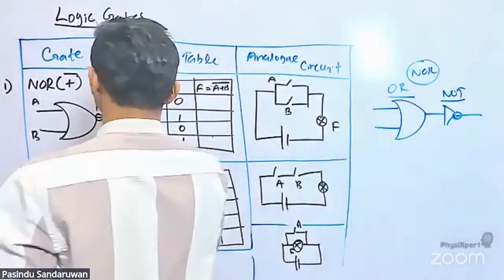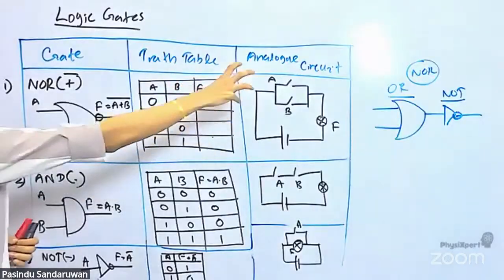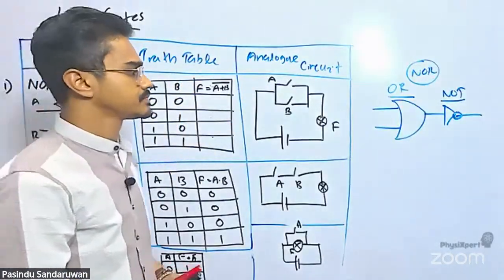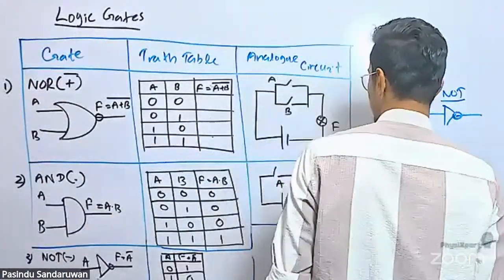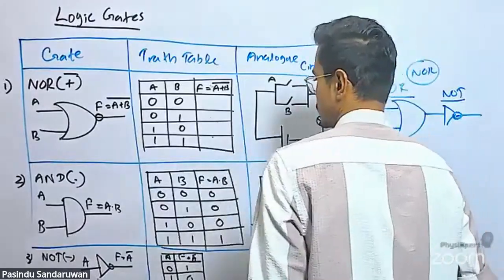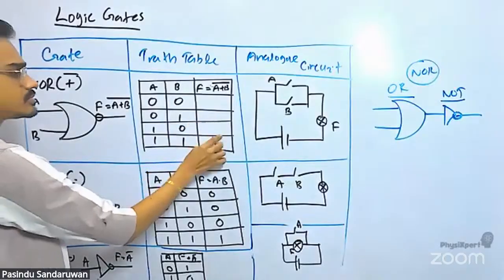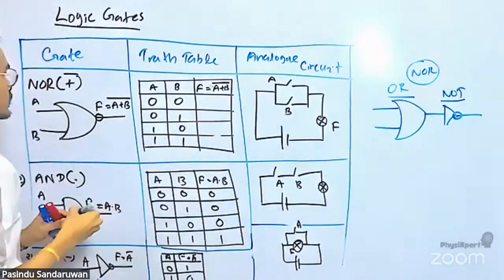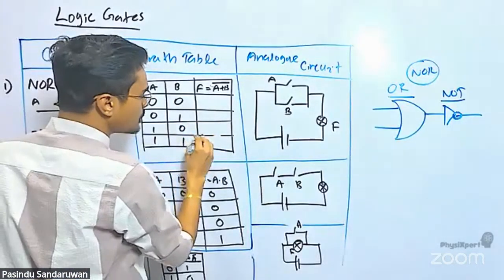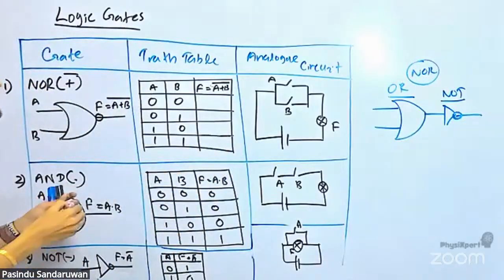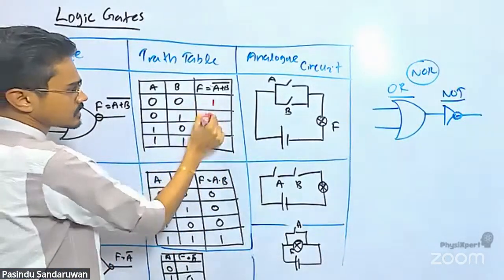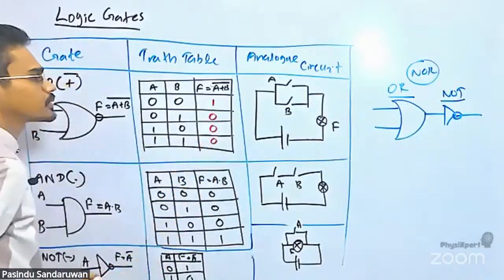Right? Then NOR, truth table and the circuit. NOR: A plus B, bar. Then 1, 0, 0, 0.